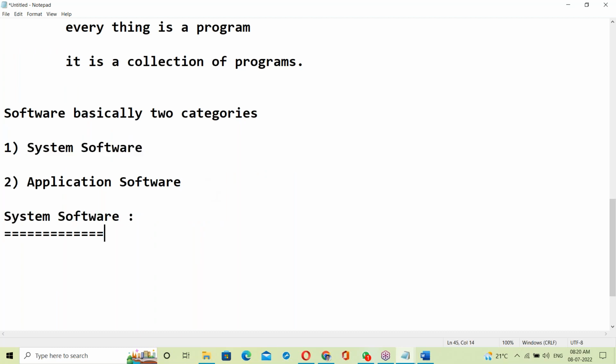So what is system software? System software interacts with hardware components.